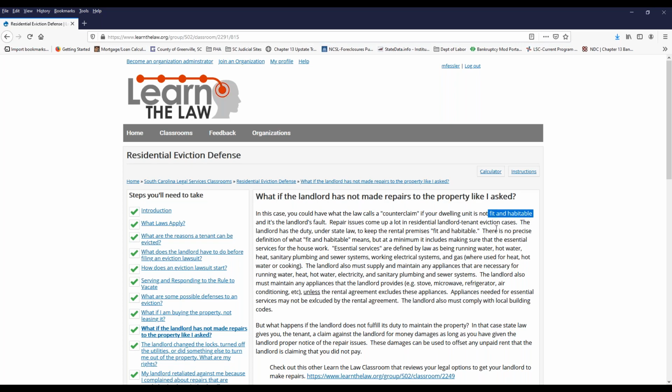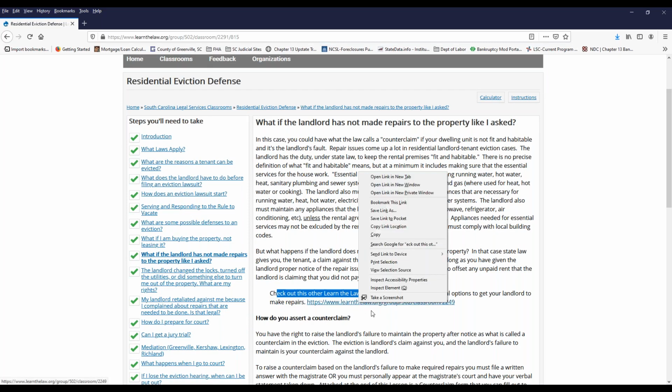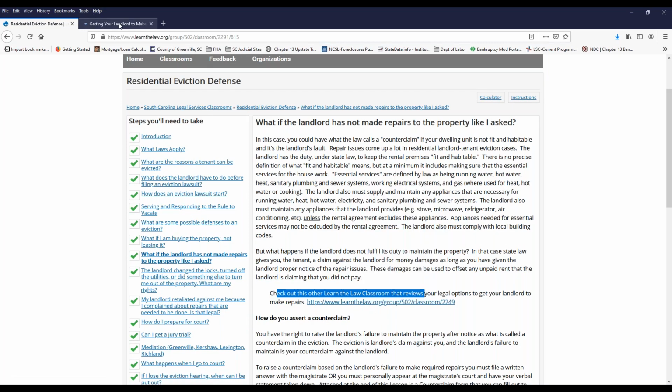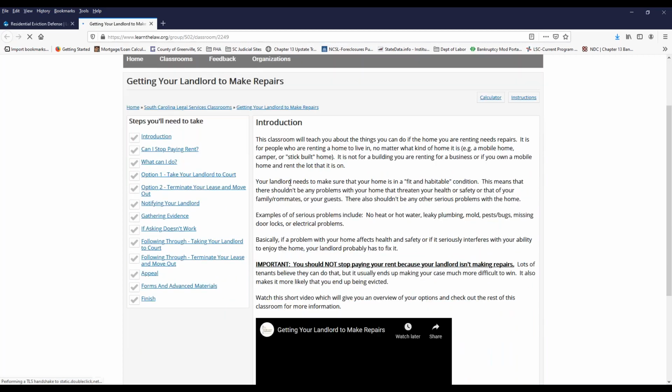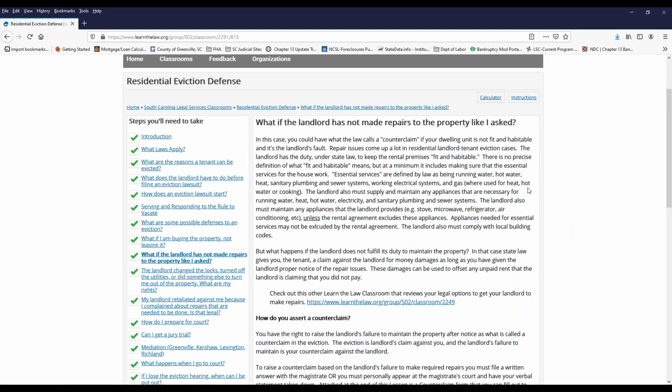So this lesson really is more useful in the broader context of that other classroom. We've linked that classroom right here, so you can click over there to refresh your memory, or to go over what you need to do to get the landlord to make repairs.